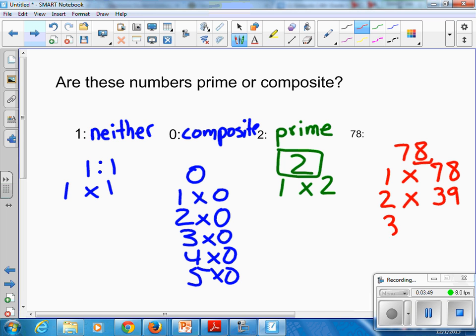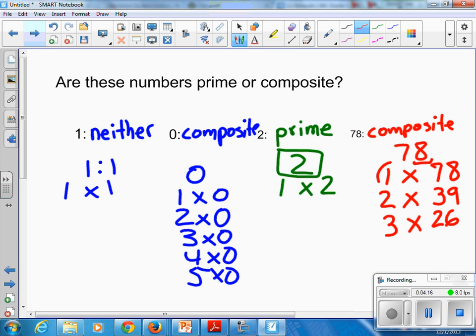That means 3 is going to be a factor, right? And 3 times 26 is 78. Now, we're going to be listing factors for a while. But I already know that it has 3 or more. So I can tell you right now that 78 is a composite number.